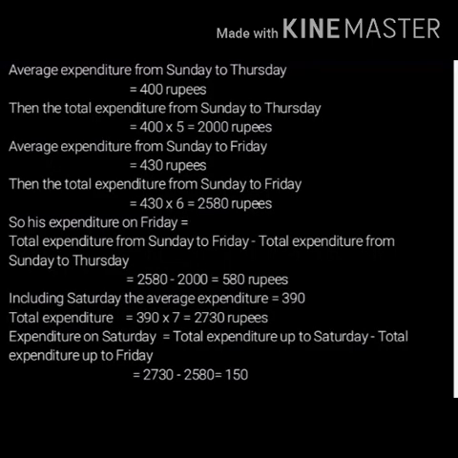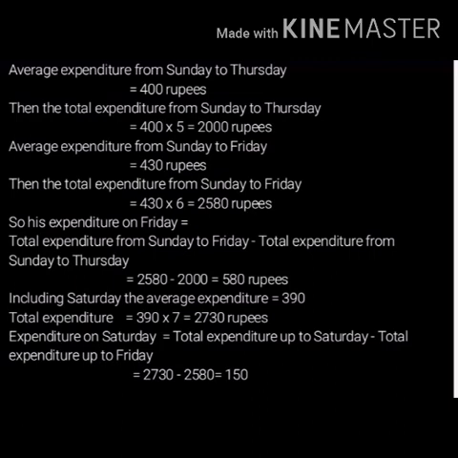We know that the average expenditure from Sunday to Thursday is 400 rupees. Then the total expenditure from Sunday to Thursday we can find by 400 into 5. 5 means there are 5 days, that is 2000 rupees. Then the average expenditure from Sunday to Friday is 430 rupees, as we know from the question.